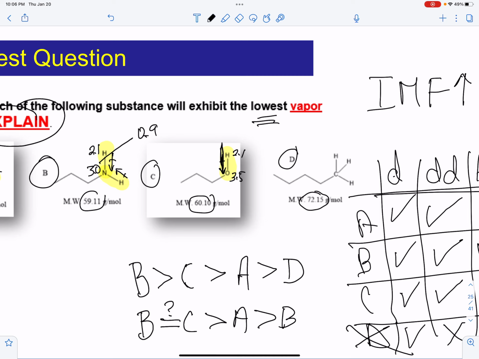The difference between these two is 1.4, a little bit less than double the polarity there. So the best scientific answer would be one where you recognize that you do not have enough data to tell me the answer for sure.